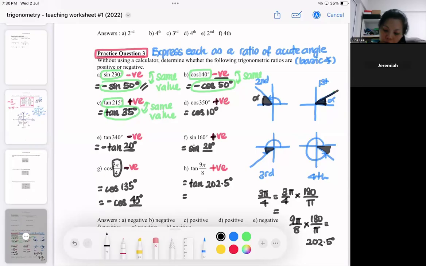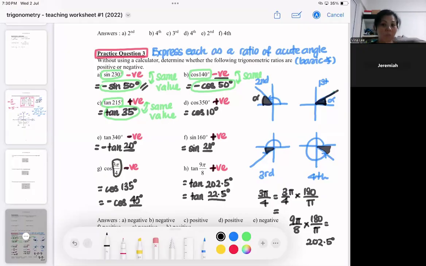So Jeremiah, it's positive. What do you think is the basic angle? Correct, 22.5.